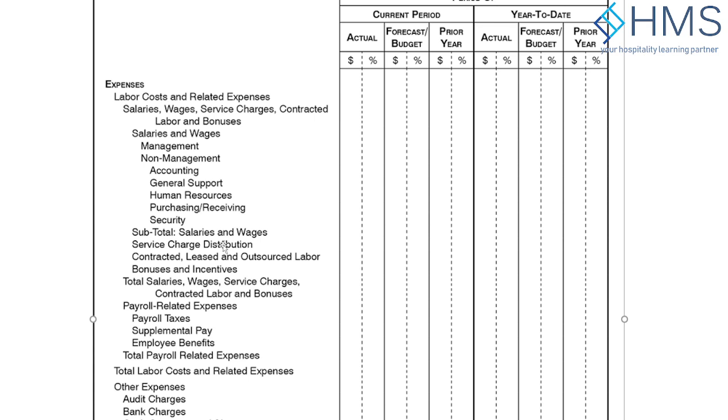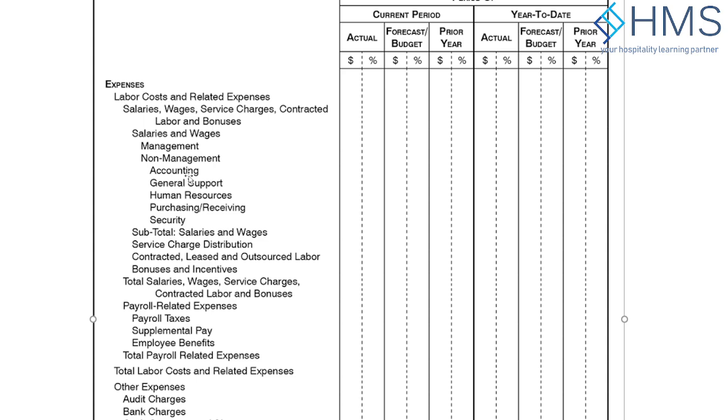Now let us look at the definition of accounting. Accounting will only be your general ledger accounting, credit AR function, income audit function, and cost control function. Those departments which are responsible for creating the financial statements, doing the audits of the transactions, and creating the reports will be considered as accounting.